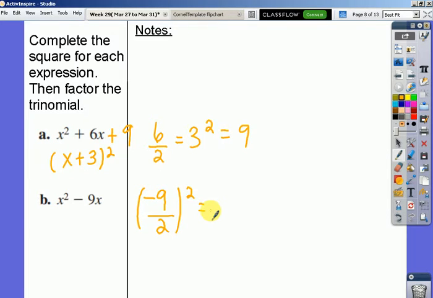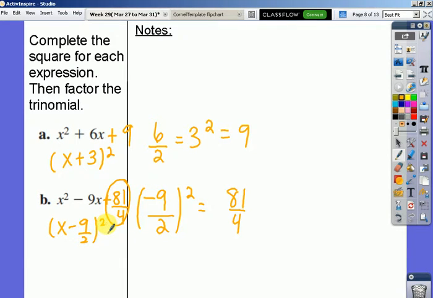Yeah, when I square that, 81/4. Okay. And I want to leave it as a fraction because, again, that's going to make it a little bit easier for me to factor that out and say, hey, I have a perfect square in the end. So that factors to be what? X minus 9/2 quantity squared.